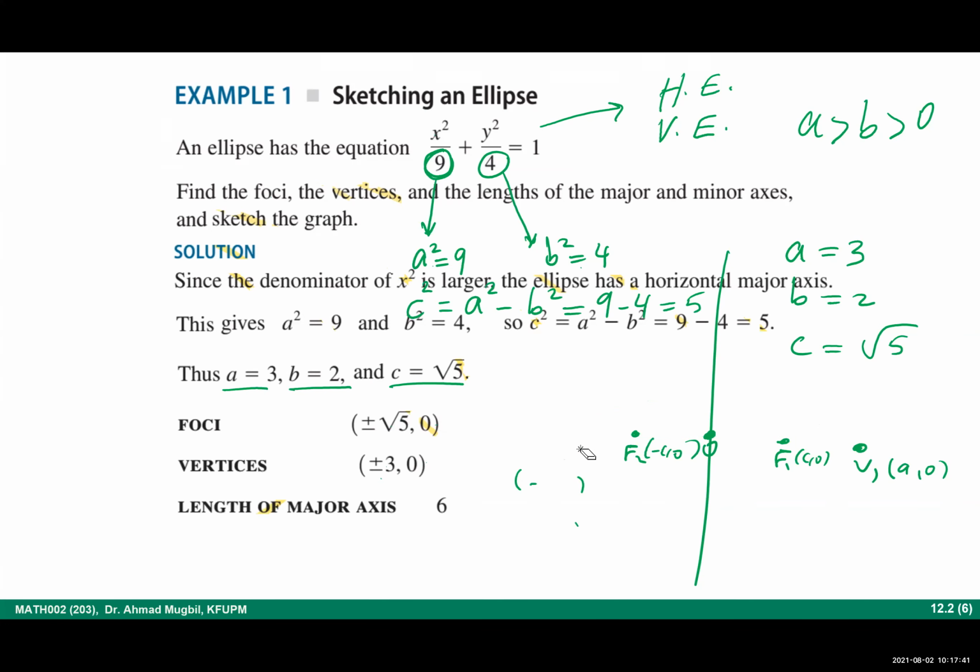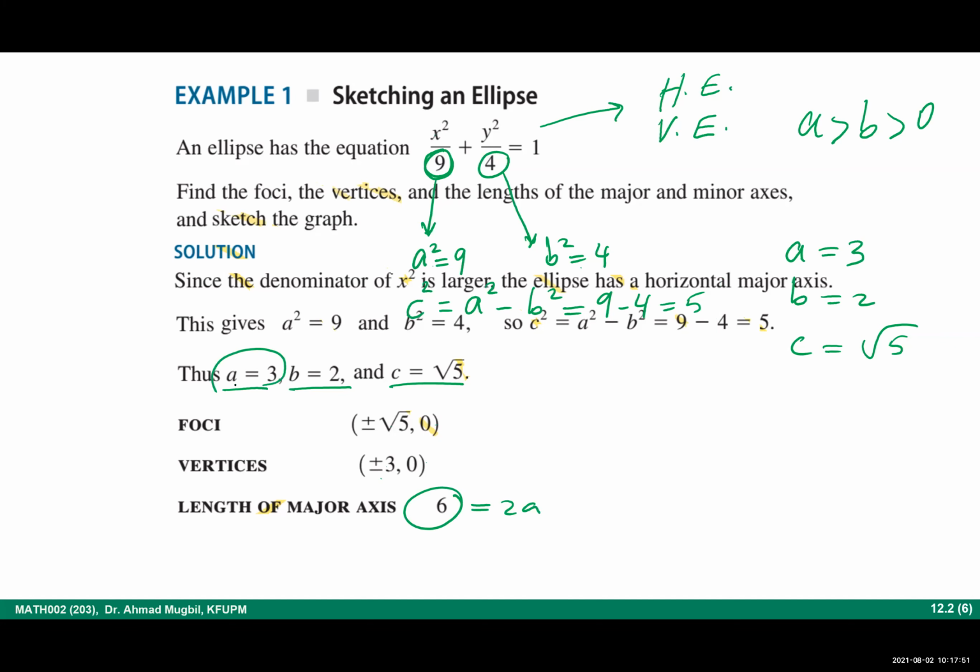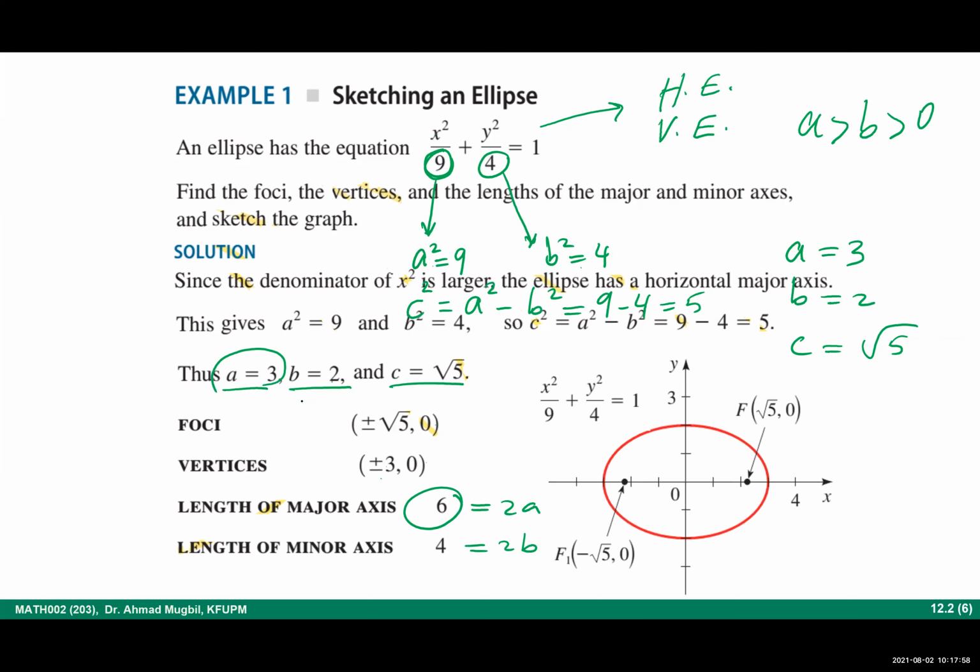The length of the major axis is 2a, and a is 3. The length of the minor axis will be 2b. Just multiply by 2. And this is the graph of this ellipse. Clear?